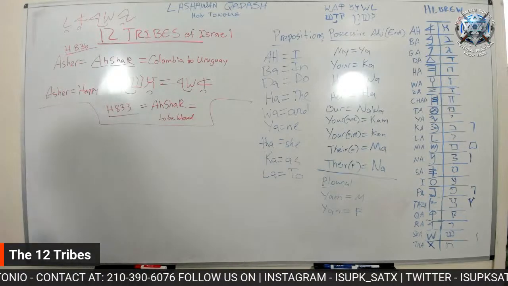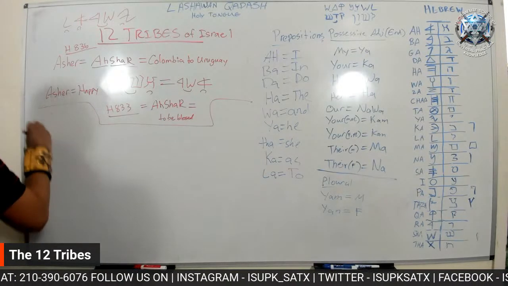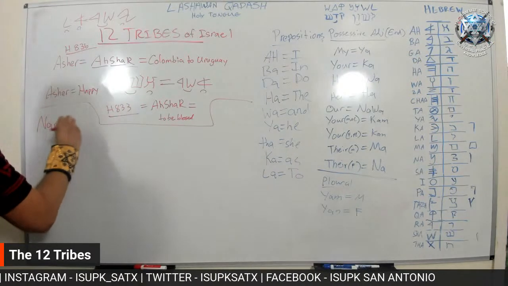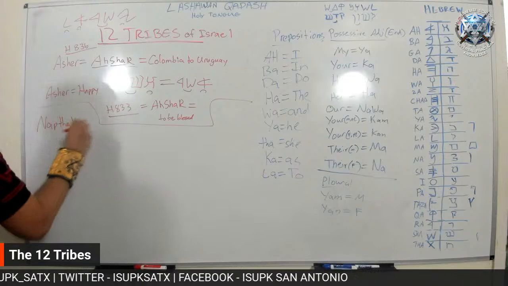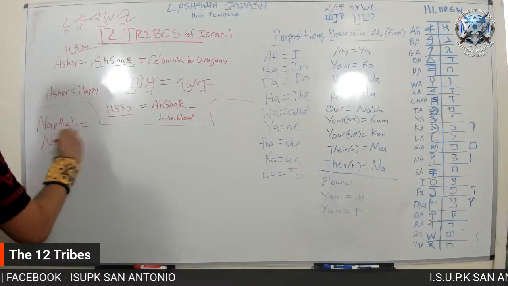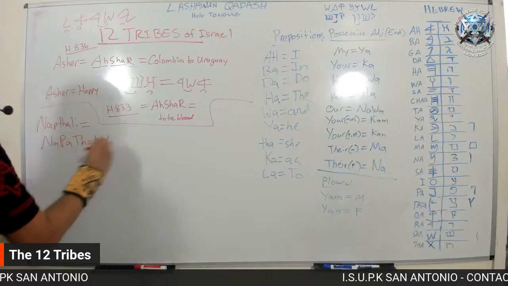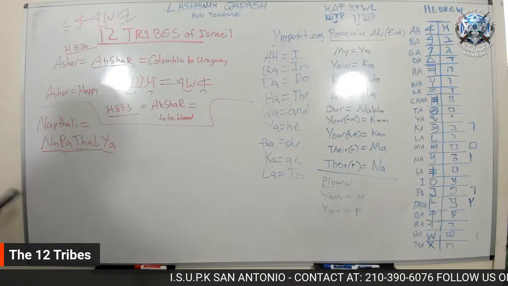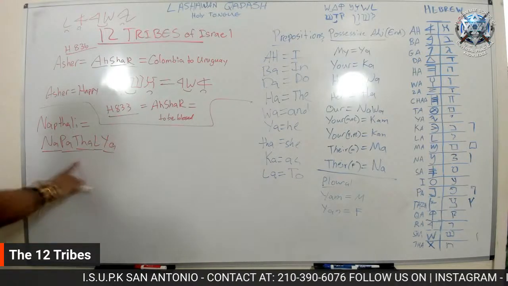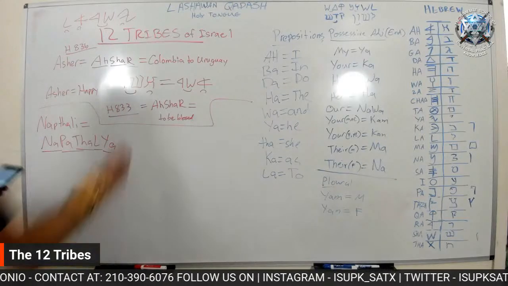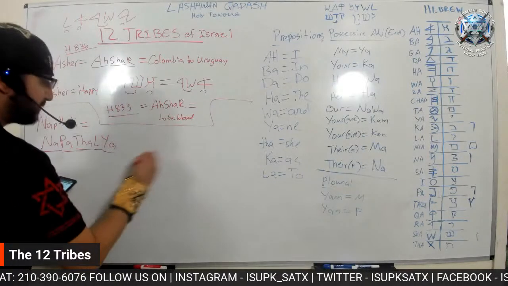Now we have Naphtali. And you notice I always capitalize when there's a new character being involved. So Naphtali is going to be, how do we spell this?